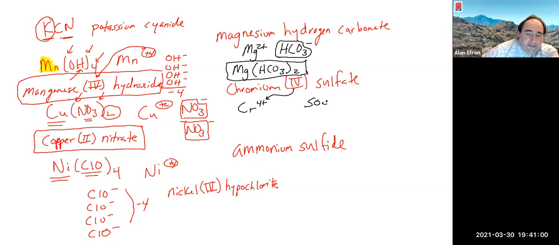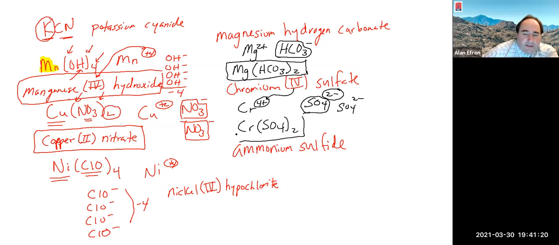Sulfate is SO4 2-, so we are putting something with a +4 together with a -2. We need 2 of the sulfates to balance it out. So that would give us Cr, parentheses again because there's more than one, and the 2 on the bottom would be the correct formula.